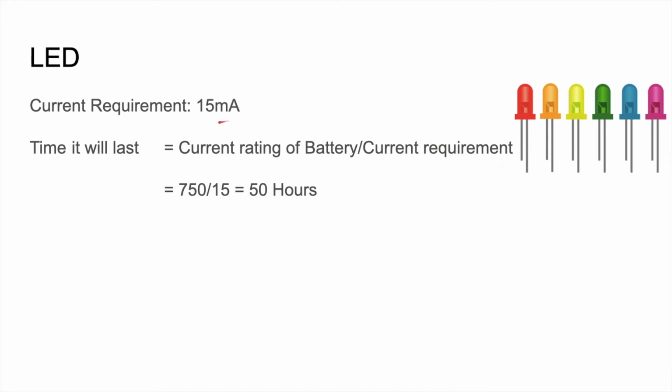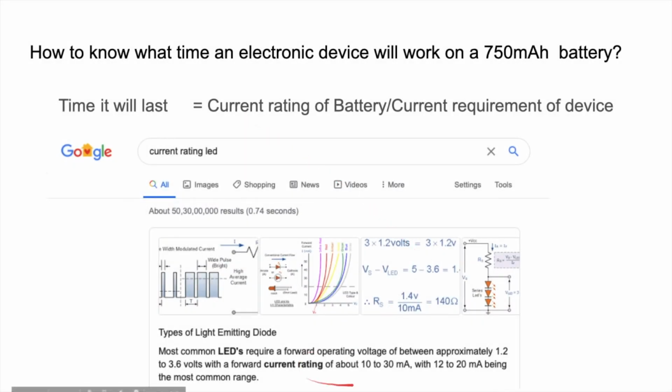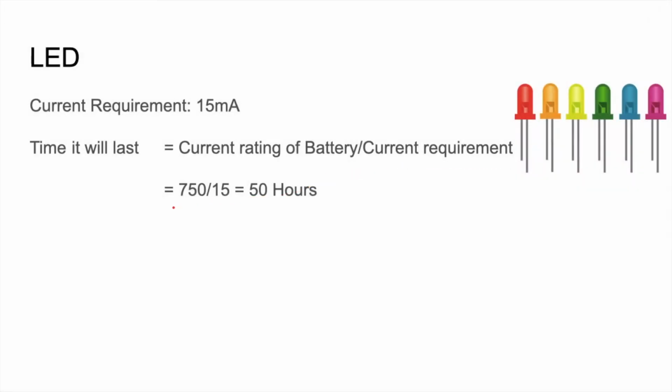In this case, what is the current requirement? 15 milliamperes. From where we have got that? On the previous page, I already told how to get this value directly from Google. So finally, we have calculated that if we are having two batteries of 750 milliampere hour each, then a single LED will be lasting for 50 long straight hours.